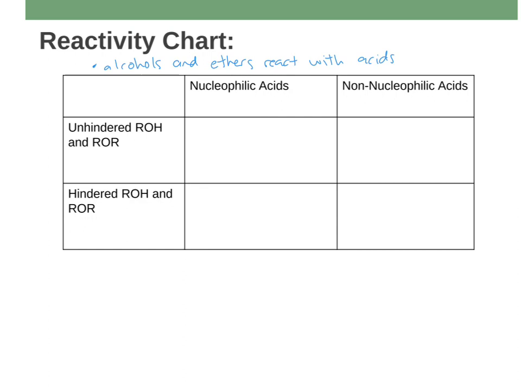But what I want to do is organize this so that I'm talking about my hindered and unhindered alcohols and ethers. So if you take a look at my chart here, ROH for alcohols, and ROR for ethers. When I'm talking about the unhindered ones, I'm talking about the ones that are going to be easy to attack with the nucleophile.